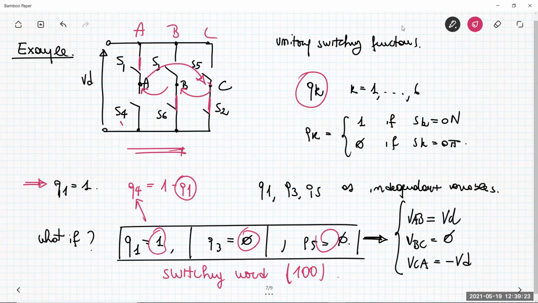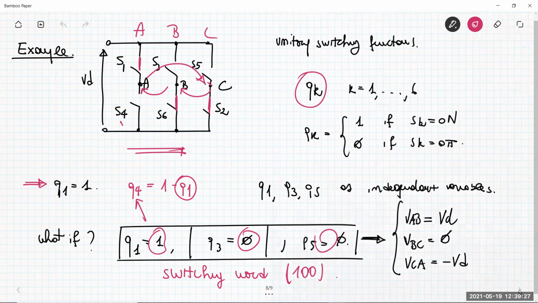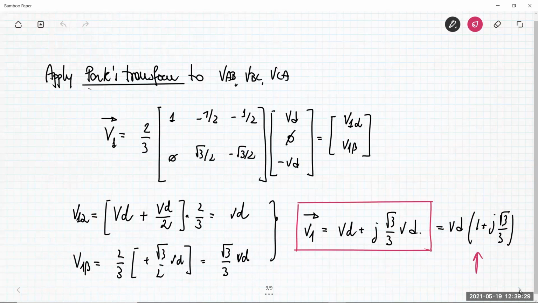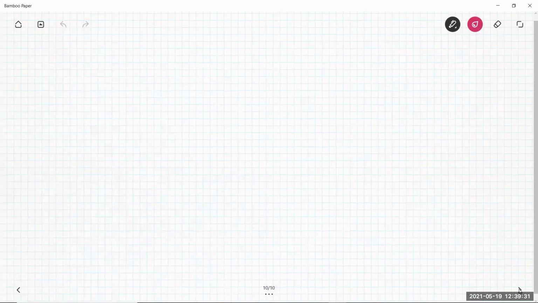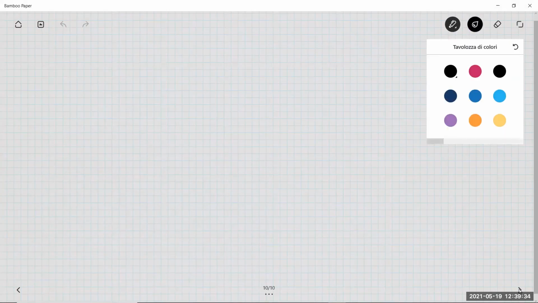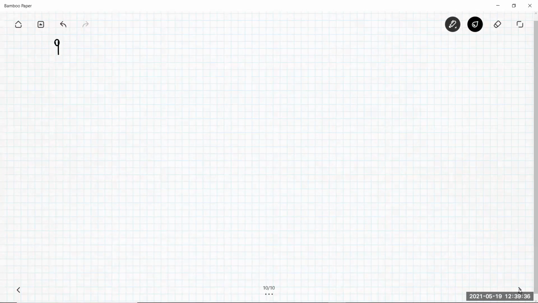So let's explore all other possible combinations. Let me put here a table in which you have Q1, Q3, and Q5. So this is the switching word 100.